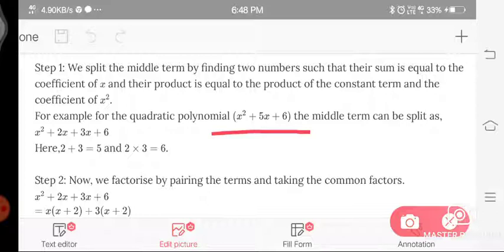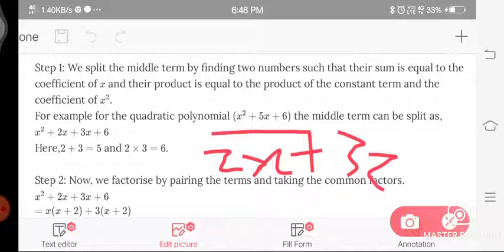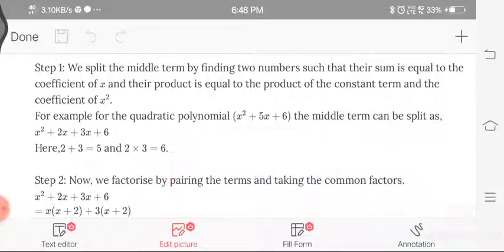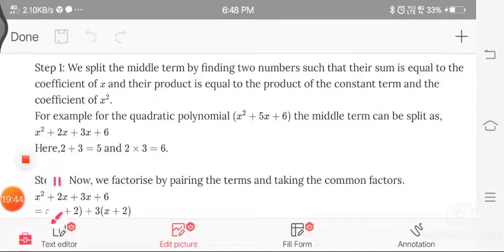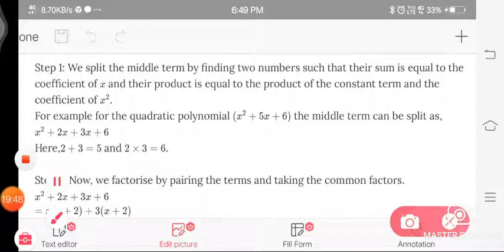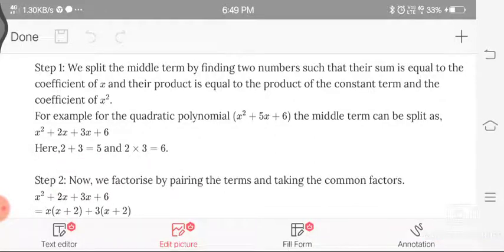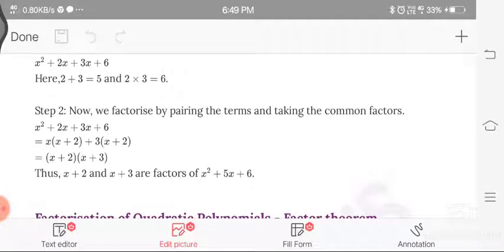So the split is 2x plus 3x, x square plus 2x plus 3x plus 6. Here 2 plus 3 is equal to 5, and 2 into 3 is equal to 6. Step 2, now we factorize by pairing the terms.